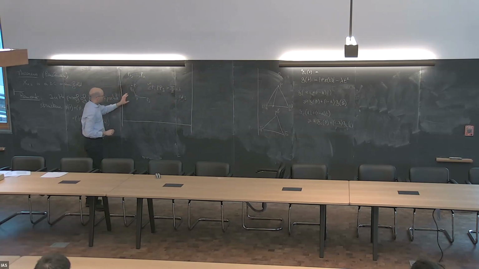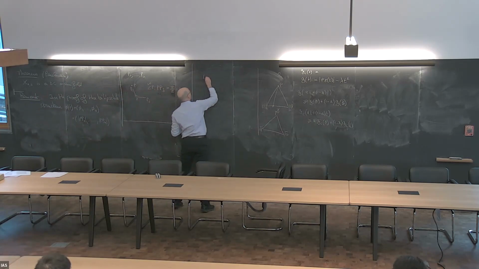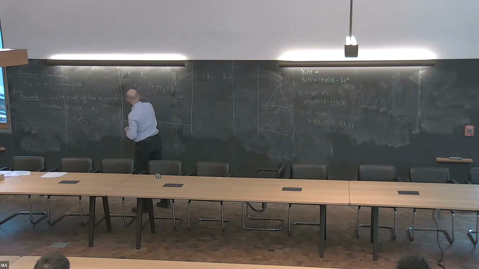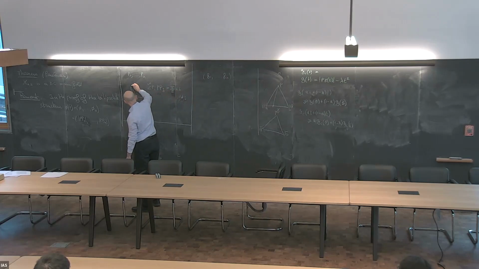Let me assume this one is the function f1, this is the function fn. What this function fi does, by this condition, is that the scalar product of the gradients of these two functions is always negative. Because if this were the Euclidean space, the gradients are really in this direction and this direction with unit length.